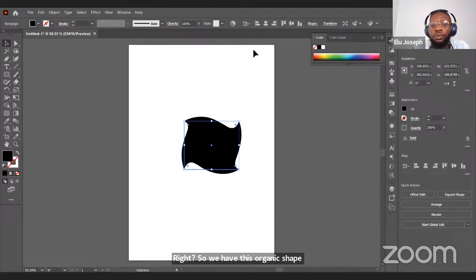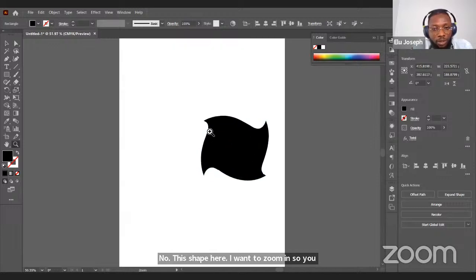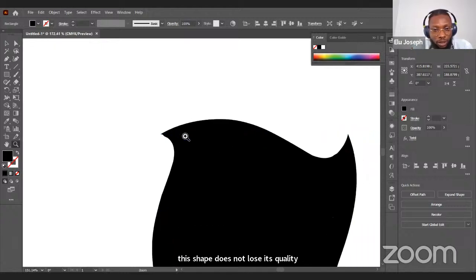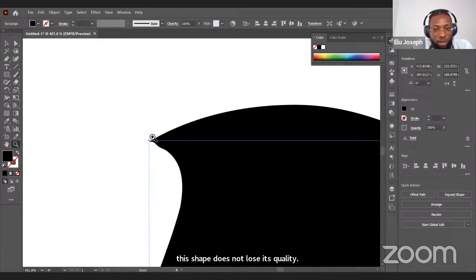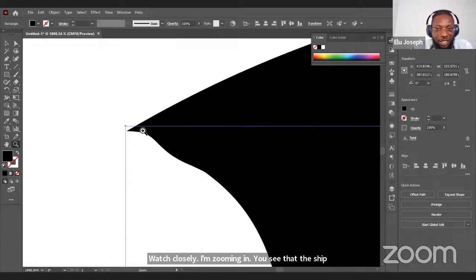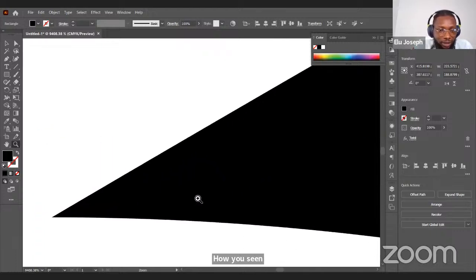Now, this shape here, I want to zoom in so you see that this shape does not lose its quality. Now I'm zooming in. Watch closely. You see that the shape doesn't lose its quality. Still as sharp as ever.